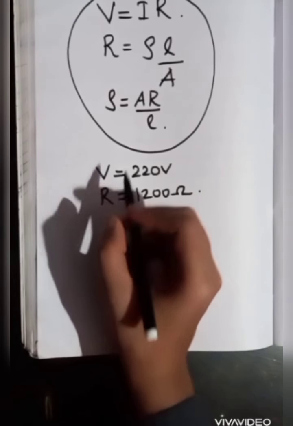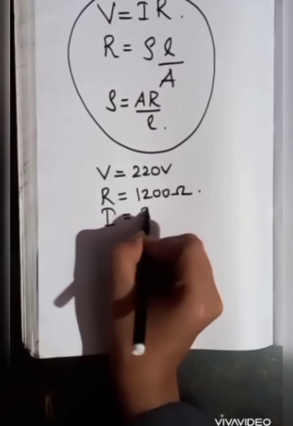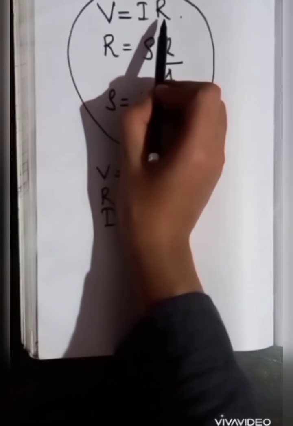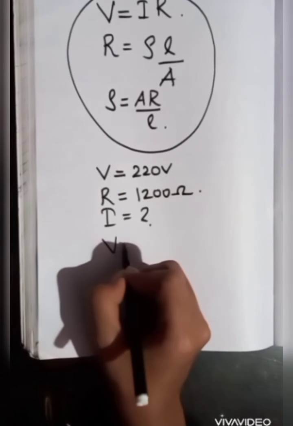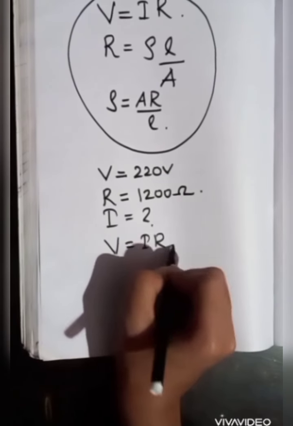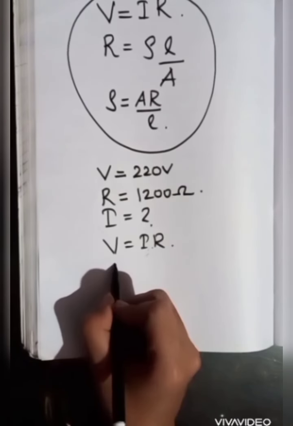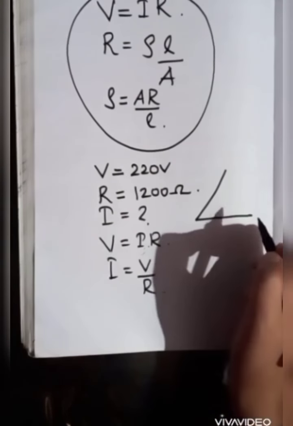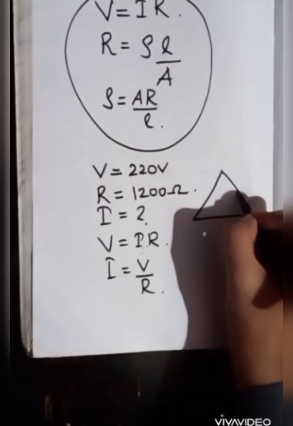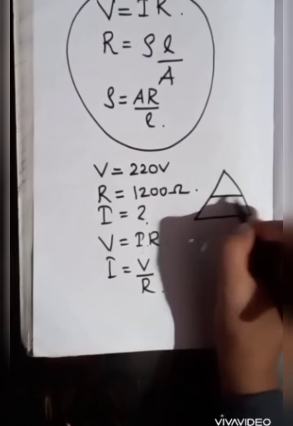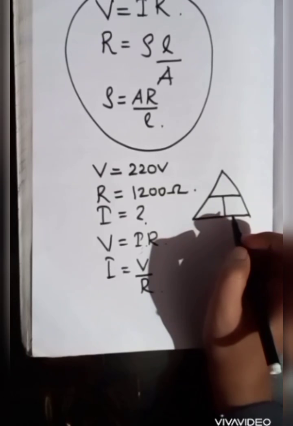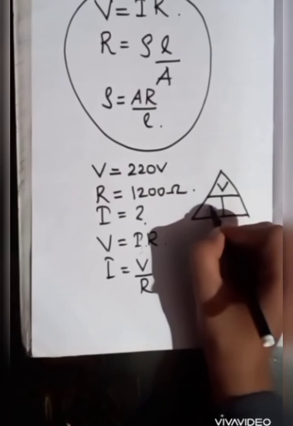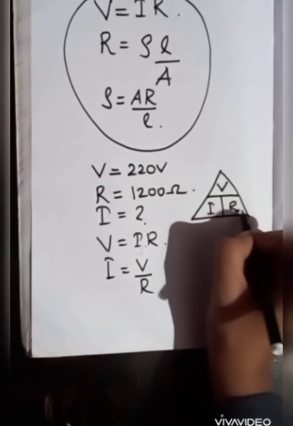We know the relationship between V, R, I. By Ohm's law, V is equal to IR. Here we have to find the current, so it becomes I is equal to V by R. I have told you a simple way to find the equations in terms of V, I and R. V is the electric potential difference, I is the current and R is the resistance.